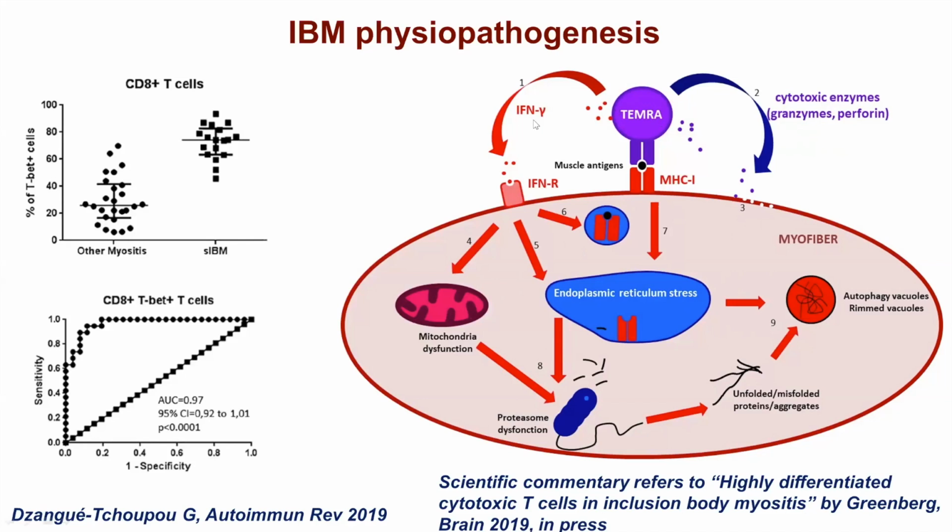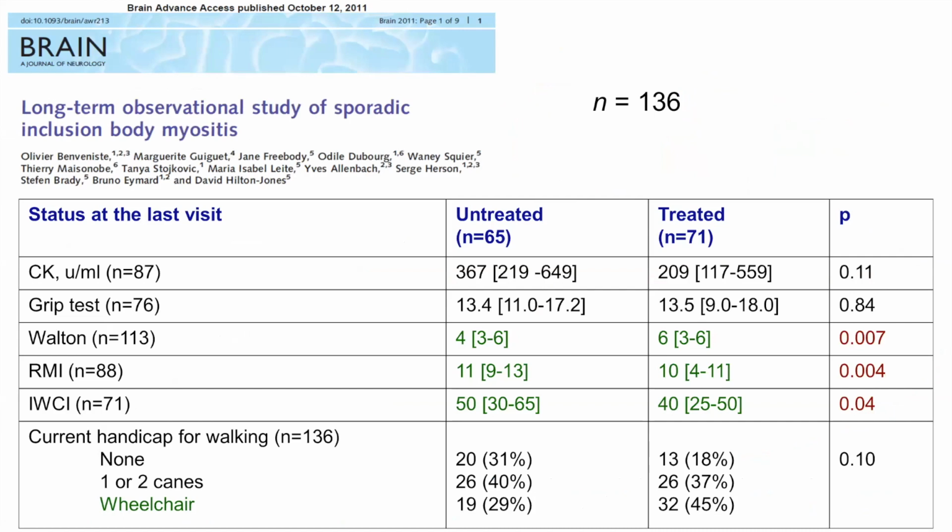And also a lot of interferon, not type 1, but type 2, interferon gamma, which can induce mitochondrial dysfunction, but also endoplasmic reticulum stress and overexpression of the MHC class 1, which is one of the hallmarks of IBM. All this accumulation of proteins is not well degraded by the autophagy or the proteasome. And then you have these autophagy vacuoles, which are the rim vacuoles, with unfolded and misfolded protein aggregates. So this is our view of the physiopathogenesis.